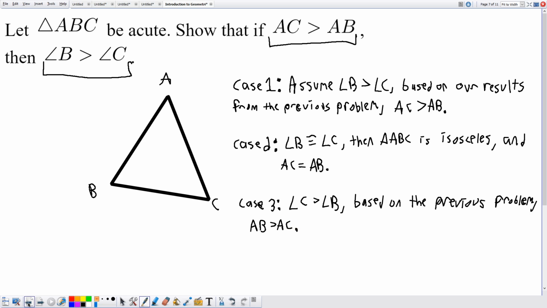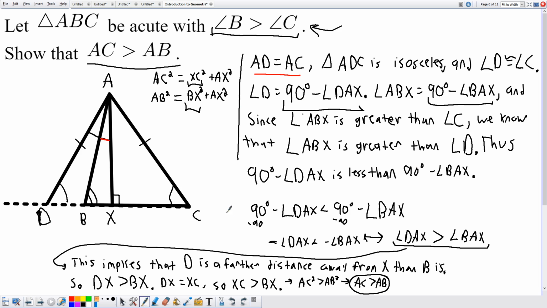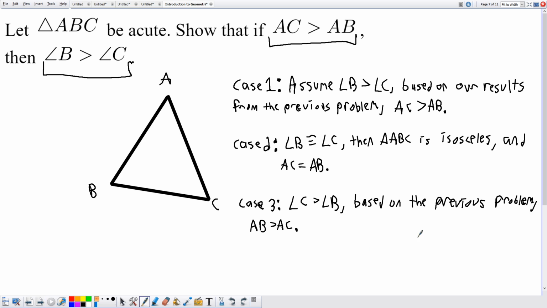Imagine if we did this problem, except everywhere I wrote B, I instead wrote C, and everywhere I wrote C, I wrote B. I just flipped the variables, basically. We would still get the same result, that this side AB is greater than AC. So that's the third situation.